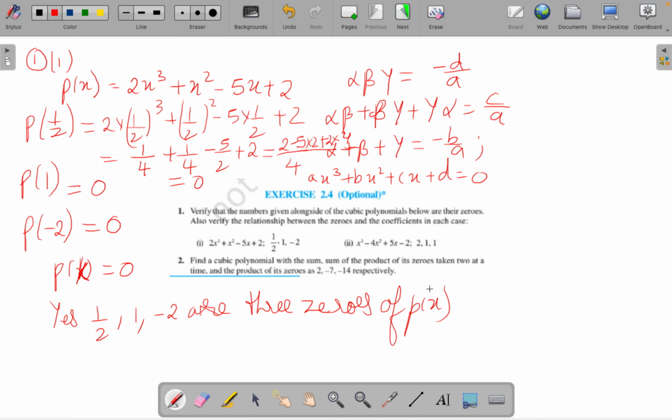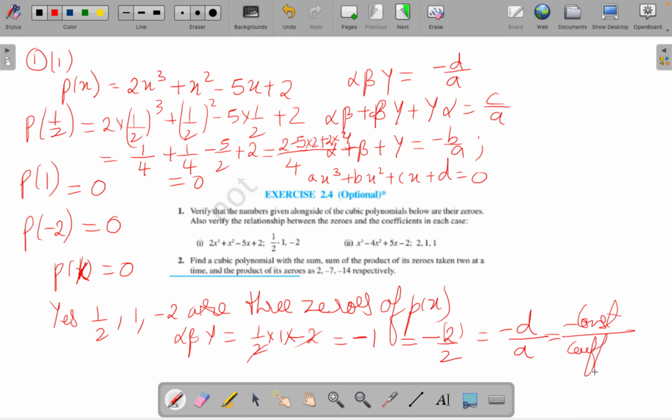Let's just find out. First is alpha, beta, gamma, the product of roots. So half into 1 into minus 2. So 2 gets cancelled. So the answer is minus 1. So can I write minus 1 as, children, minus 2 by 2? Why 2 by 2? Because I know this is the value of d. So minus d by a, that is minus the constant term upon the coefficient of x cube. This is the first relation.